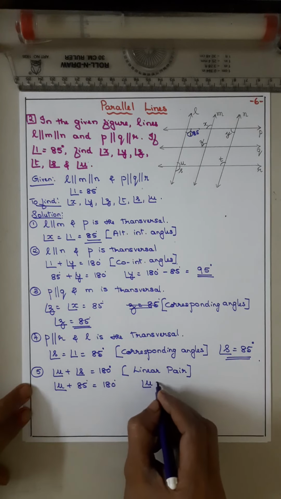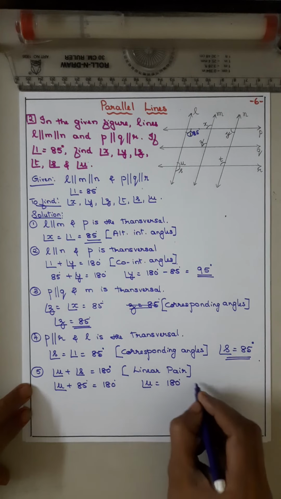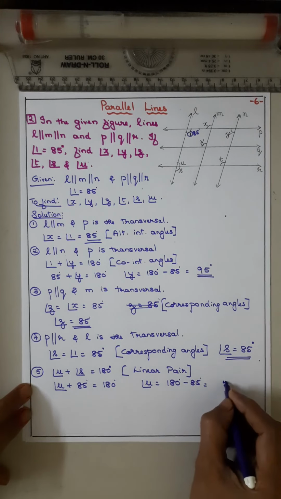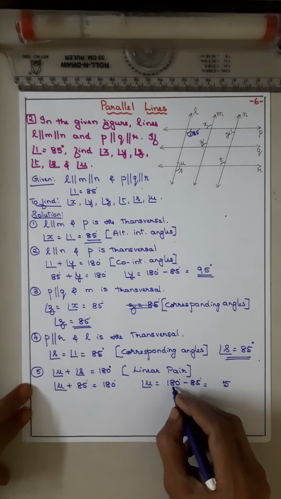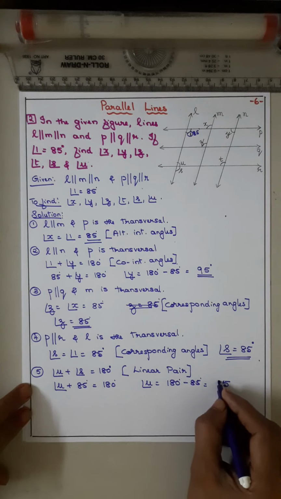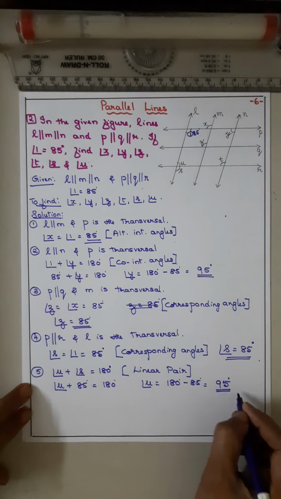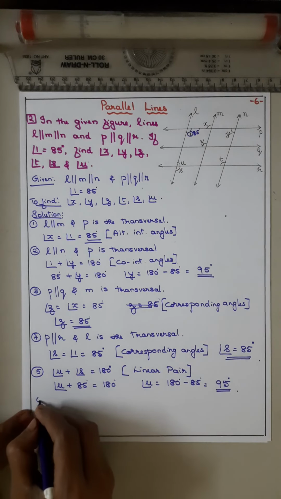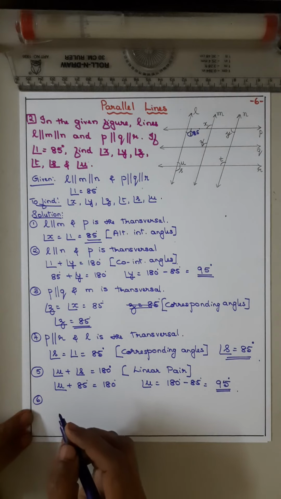Angle U is equal to 180 minus 85. 10 minus 5 is 5, and here it is 7; 17 minus 8 is 9. That is 95. So you got U.